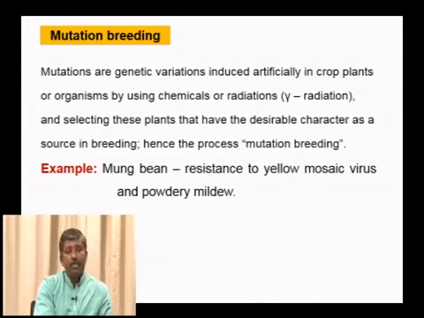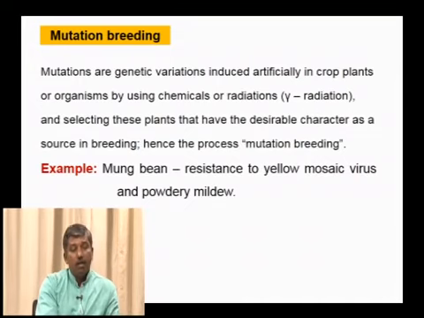Next, mutation breeding is a non-conventional method of breeding, which involves inducing mutations in seeds or other reproductive propagules, especially using chemicals or radiations. The common radiation used is gamma radiation. Here, parental plants with desirable characters are selected as a source in breeding, hence the process of mutation.